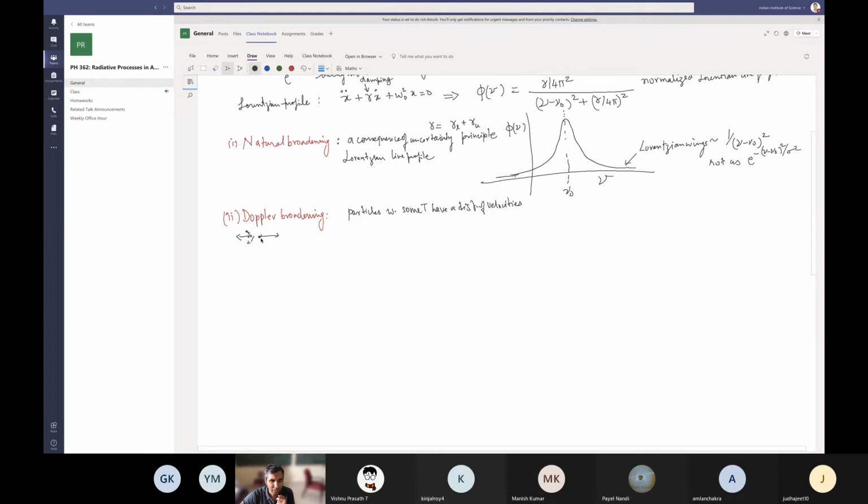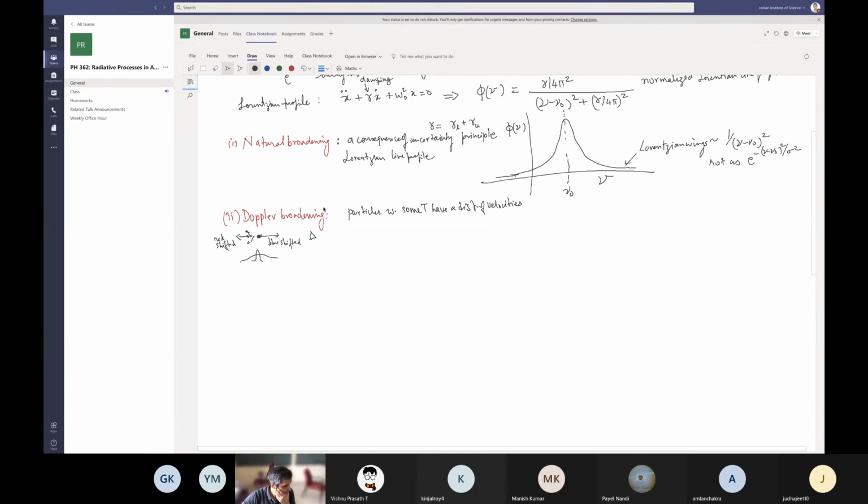So for example, this atom will emit a line which would be blue shifted, and this electron will emit a line which would be red shifted because it's moving away from the observer. So even a narrow line, because of this random motion of electrons, can become broader.